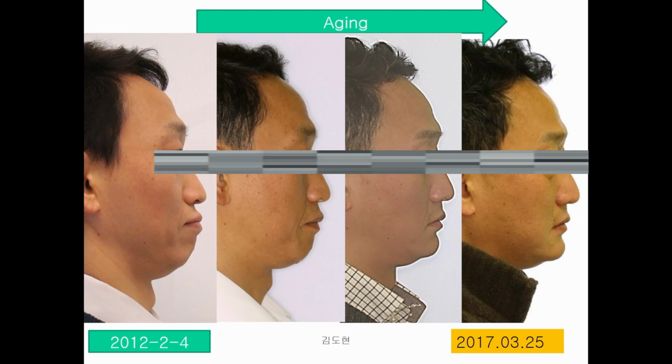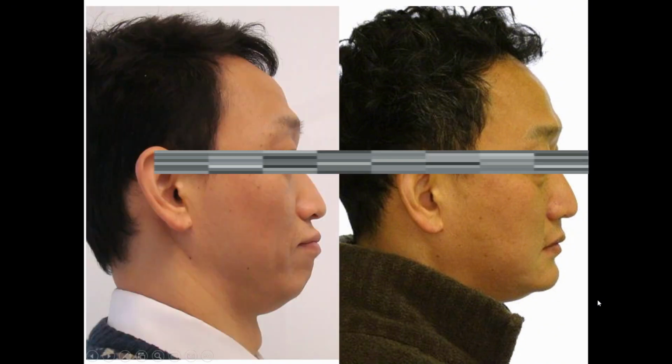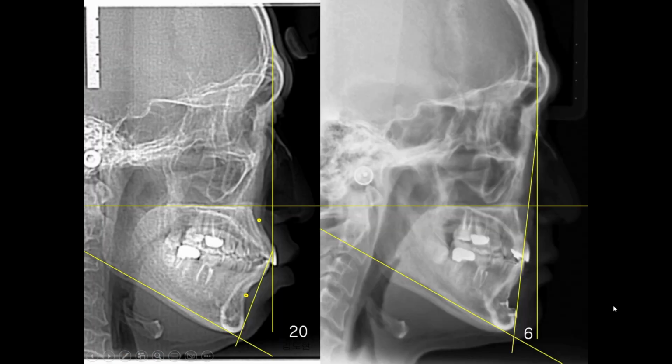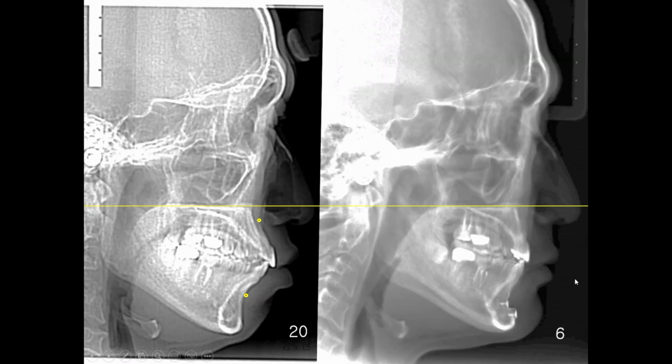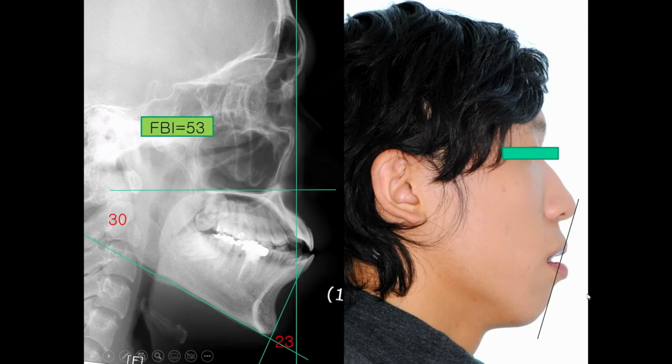So if you want real aesthetic improvement for your patient, think about this, okay? It's a totally different phase. There is orthodontic limitation, so we need to overcome the orthodontic difference.